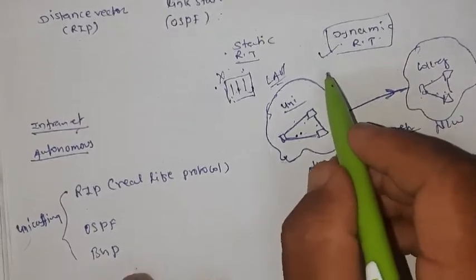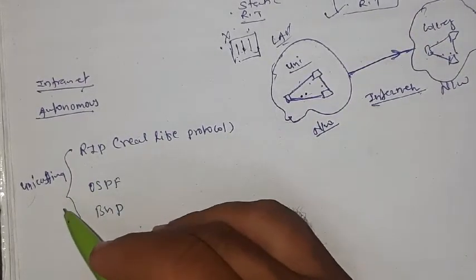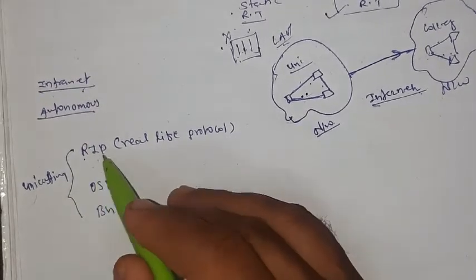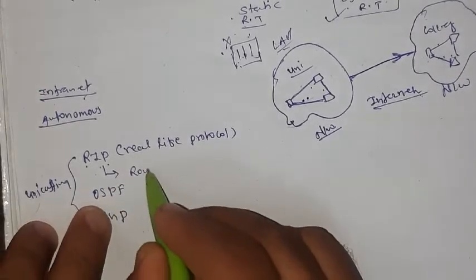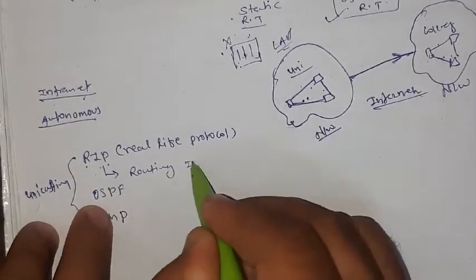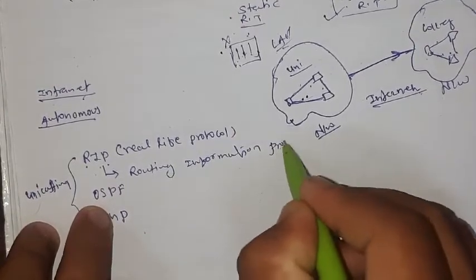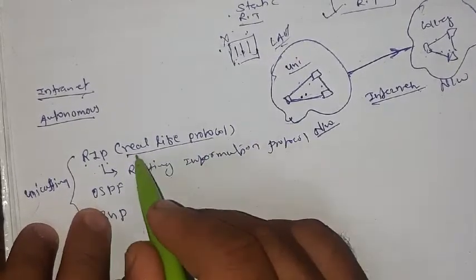Now, these are the unicast routing protocols. RIP, the full form is routing information protocol. This is a real-life protocol also.